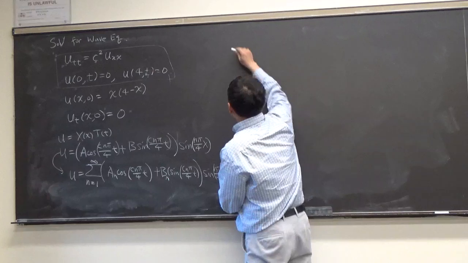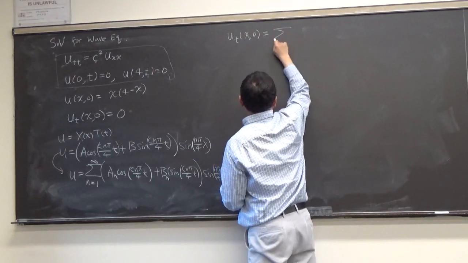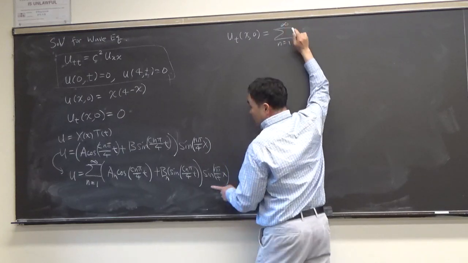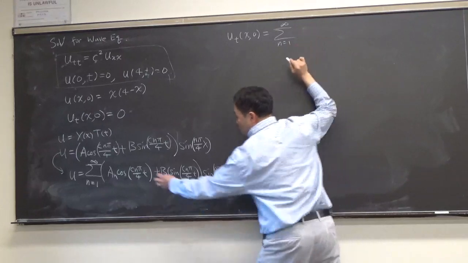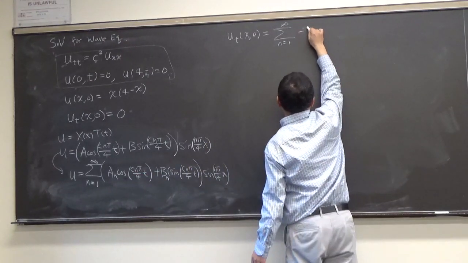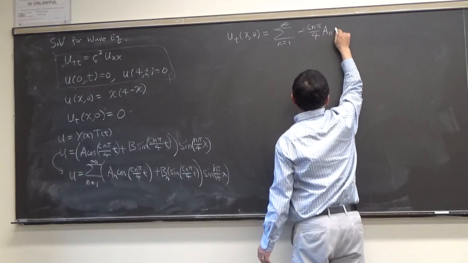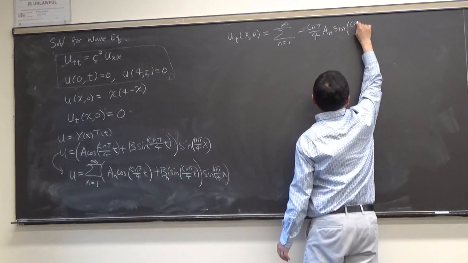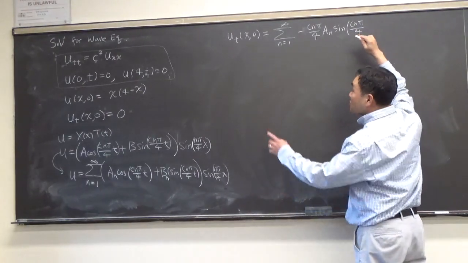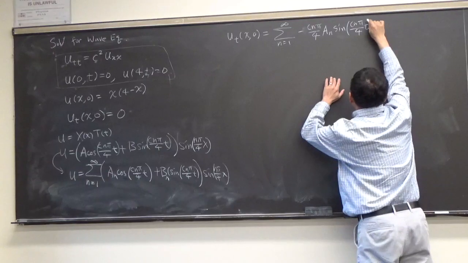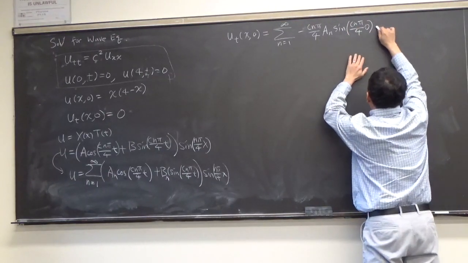If you differentiate this by t, then cosine becomes negative sine, and because of the chain rule, Cn pi over 4 will come up front. So negative Cn pi over 4 a_n sine Cn pi over 4 t. And by the way, we're plugging in 0 for t, but sine of 0 is 0, so that doesn't do anything.